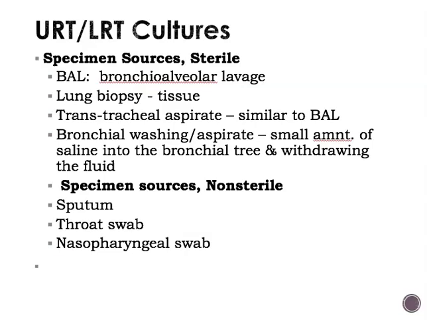Transtracheal aspirate: a small plastic catheter is inserted into the trachea through a needle that was previously inserted through the skin. This one is not a common procedure, but it is good for recovering anaerobes if anaerobes are suspected. It also reduces the likelihood of contamination by upper respiratory tract flora or dilution with additional fluids.